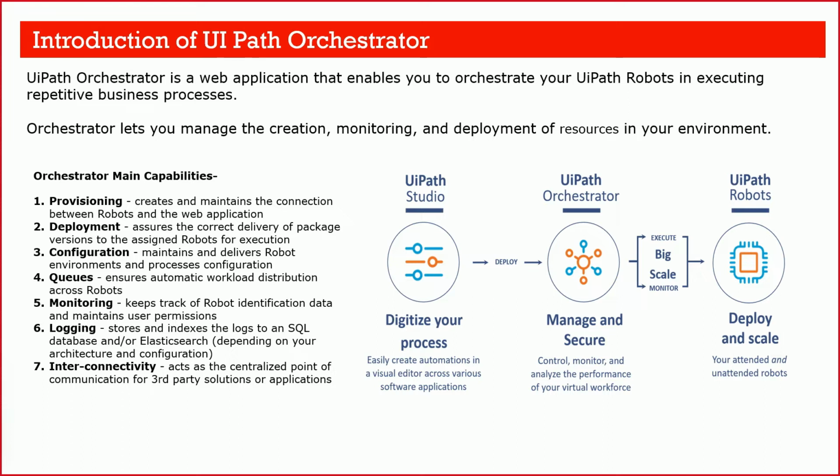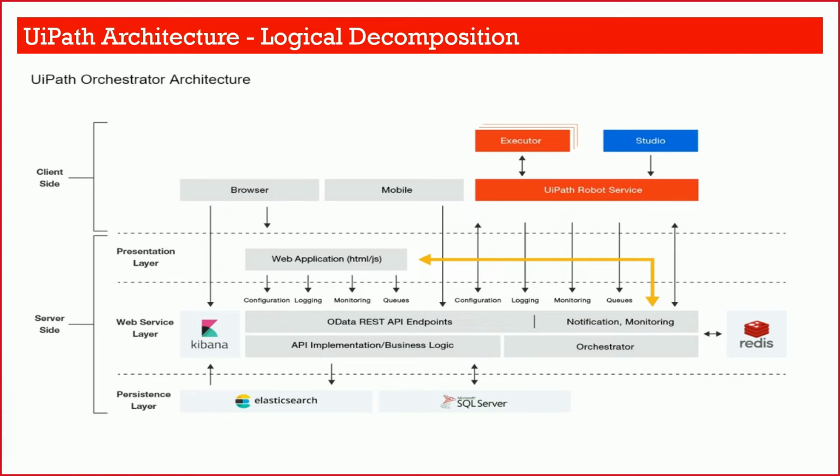You should be able to create an authentication and provide the access so that the third-party system can communicate with the Orchestrator, and if they can communicate with your Orchestrator, that means they can communicate with the robot. So that's a very useful feature of interconnectivity through APIs.